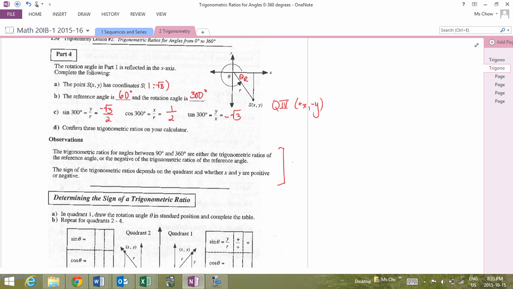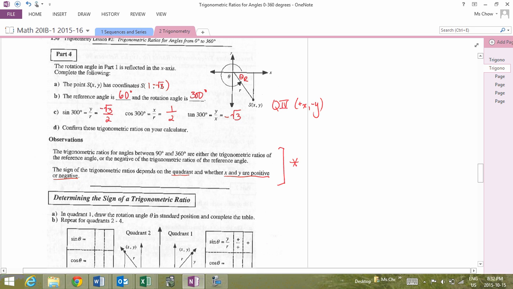The ratios are just the same. It is only switching positives and negatives. None of the numbers are changing. So therefore it's just the sign that's changing. That depends on your quadrant and whether or not the x and the y are positive or negative. So this is actually a really, really key observation.